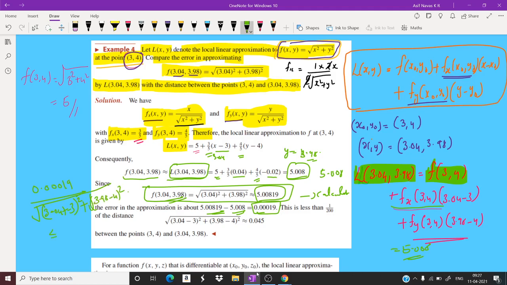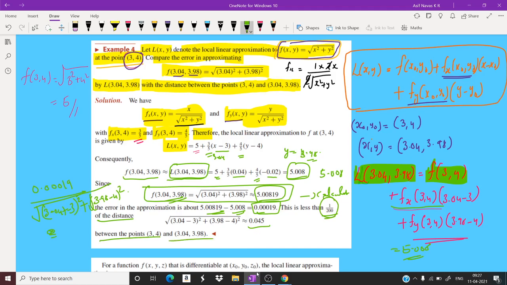This is always less than 1 by 200 times the distance, right? So you find 0.0019 divided by this distance between the 2 points, and that is less than 1 by 200.